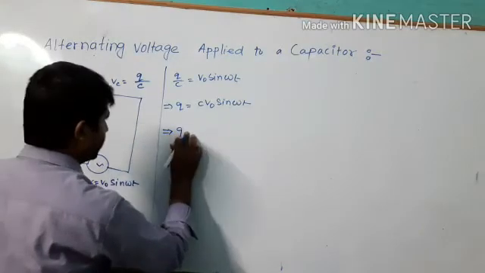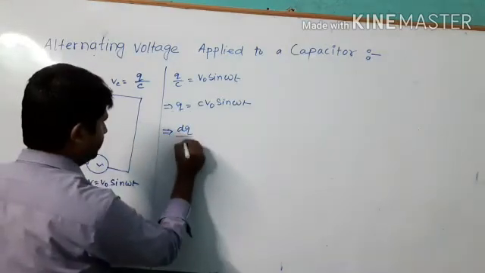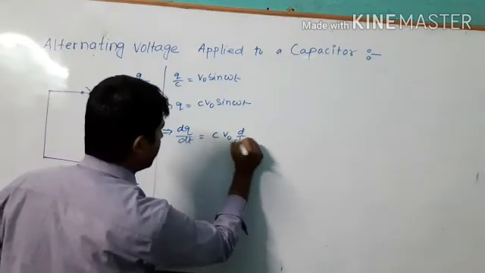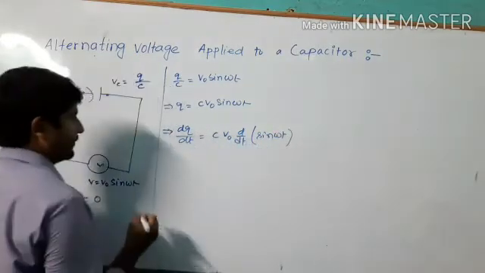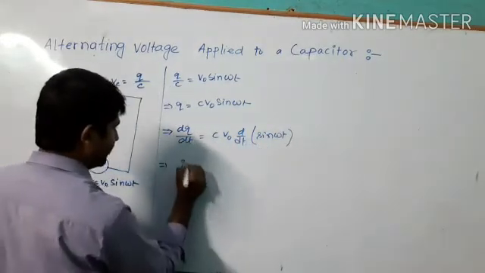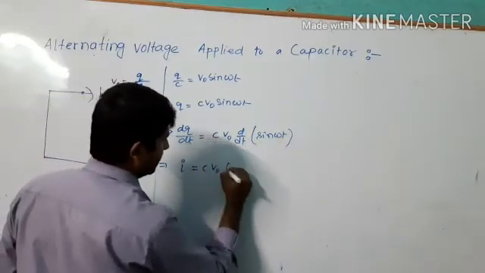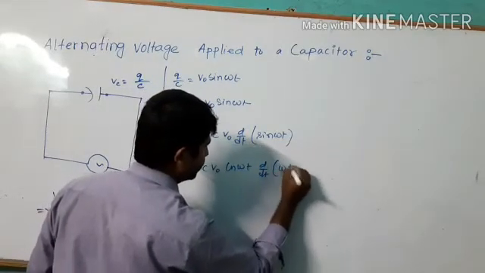Now what is dq by dt? C V0 into d by dt of sine omega t. So this is current I equal to C V0 into cos omega t into d by dt of omega t.